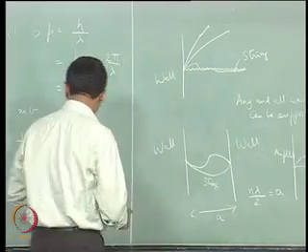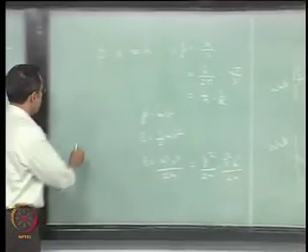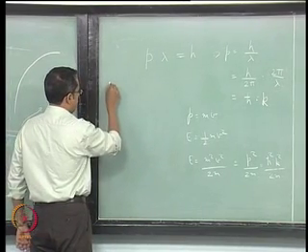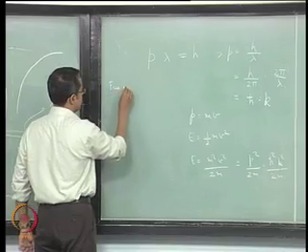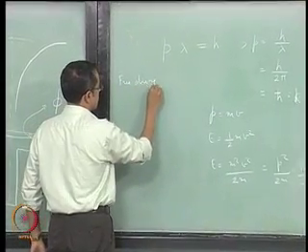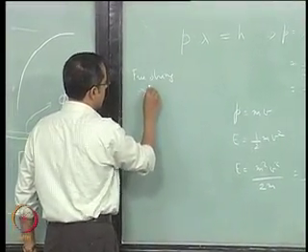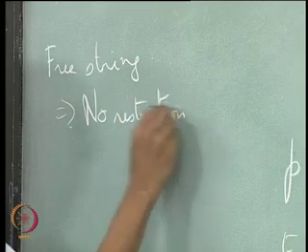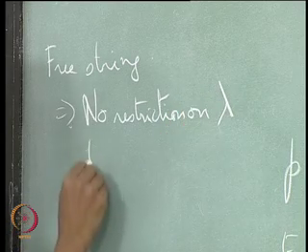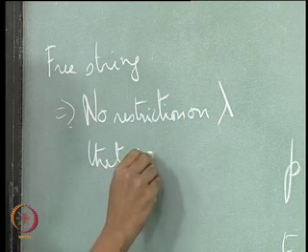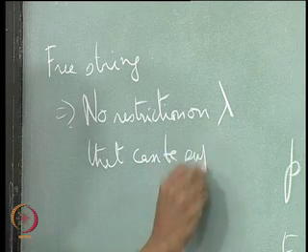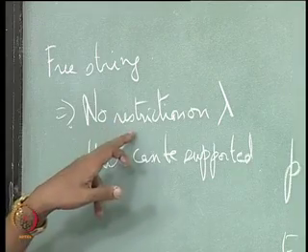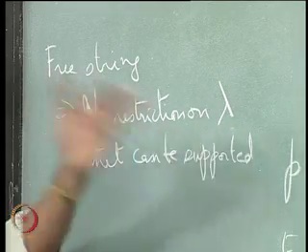We will now put this information down. We have a free string, which implies no restrictions on the lambda that can be supported. For a free string there are no restrictions on the value of lambda that can be supported, that is what our diagram showed us.